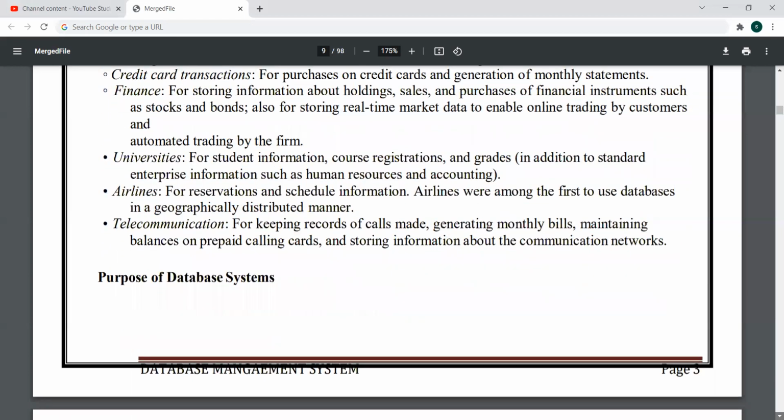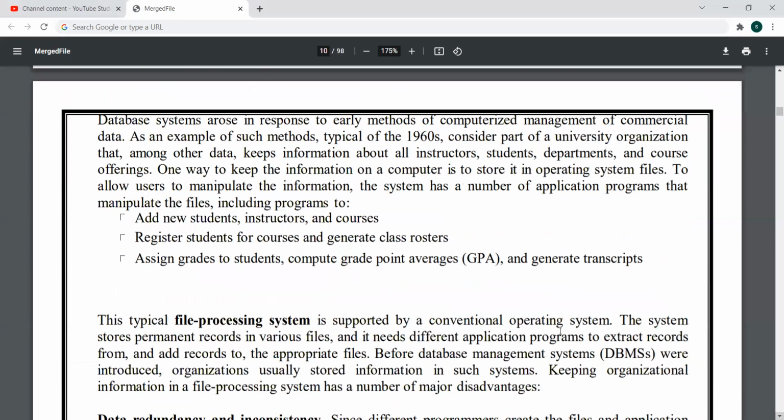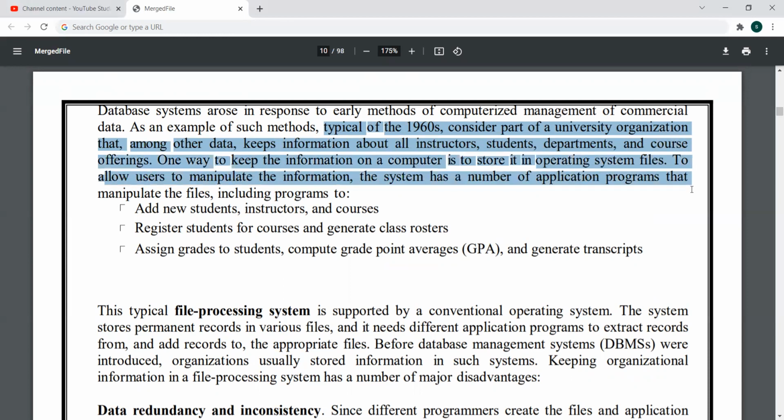What is the purpose of a database system? Database systems arose in response to early methods of computerized management of commercial data. As an example, typical of the 1960s, consider part of a university organization that keeps information about instructors, students, departments, and courses. One way to keep information on a computer is to store it in operating system files.